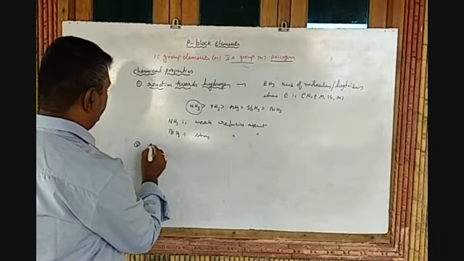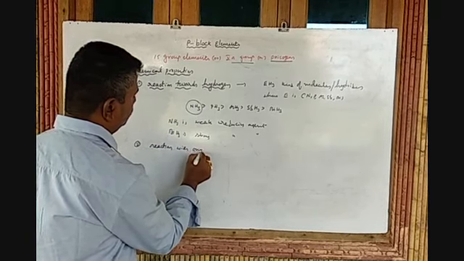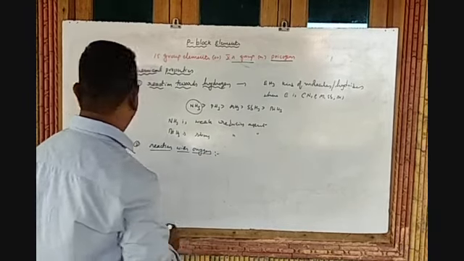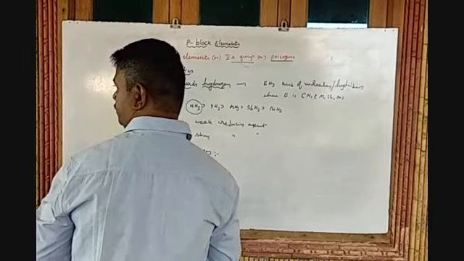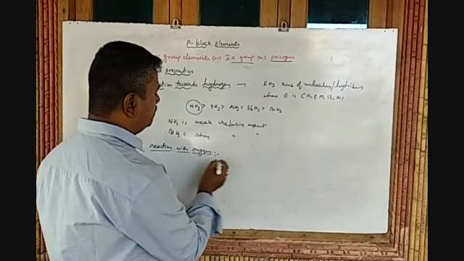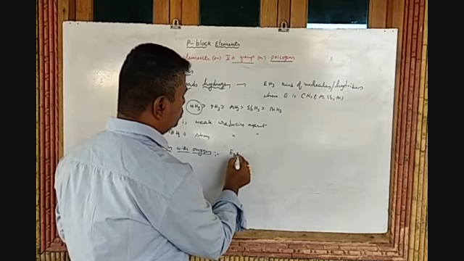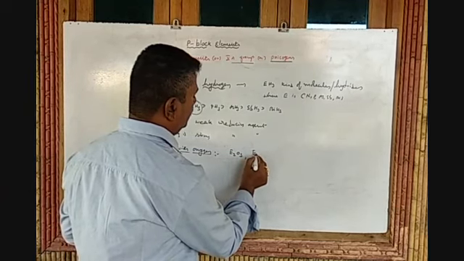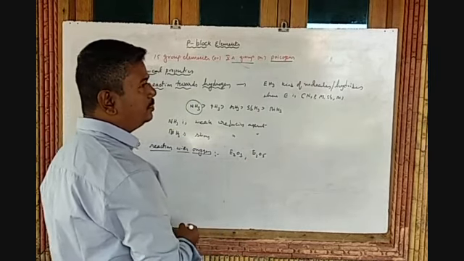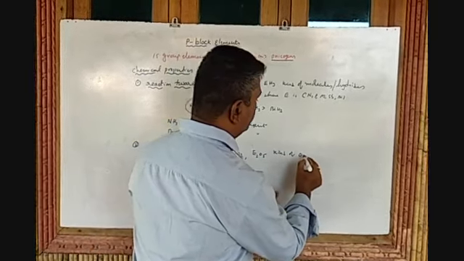Second one, reaction with oxygen. These group elements, when they combine with oxygen, form two kinds of oxides, E2O3 and E2O5 kind of oxides.